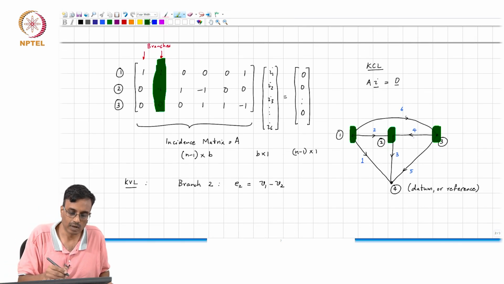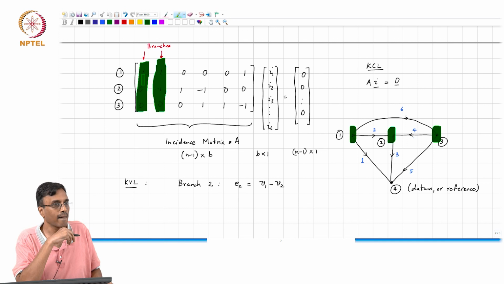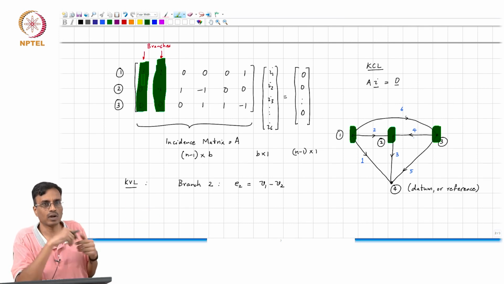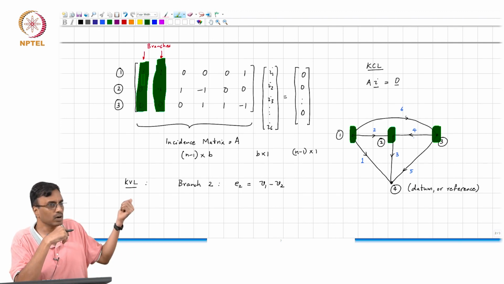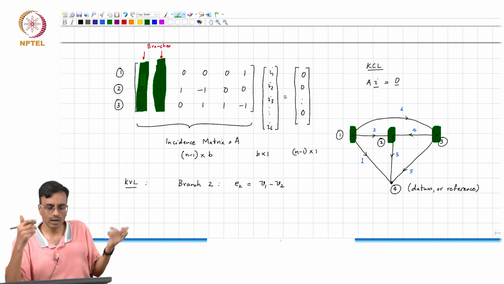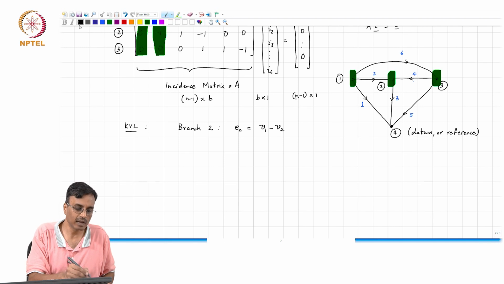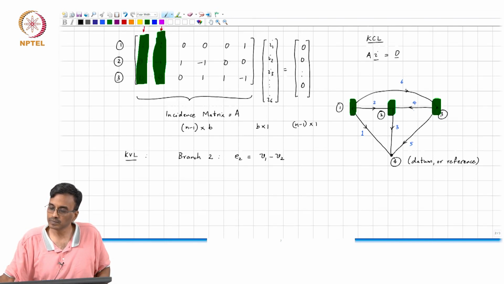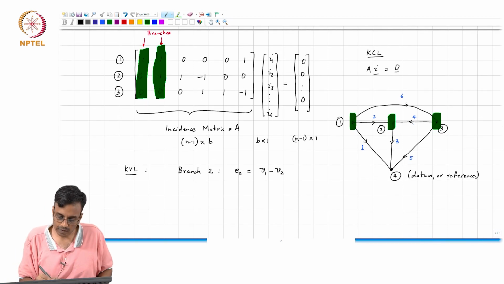Similarly, okay, so let me lead you to the answer. What about the potential of branch 1? V1 minus V4, V4 we know is our datum or reference node whose potential we arbitrarily define to be 0, and therefore, it is simply V1. So, you can see that the branch potentials in terms of the node potentials are simply given by A transpose.